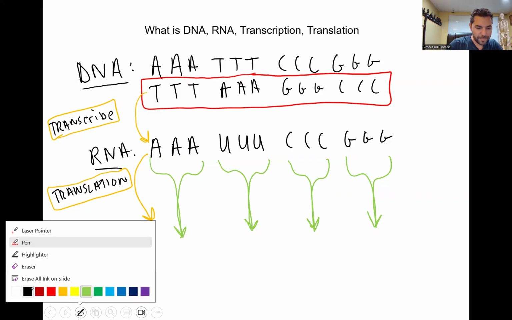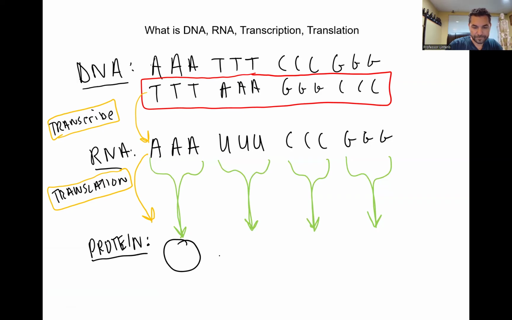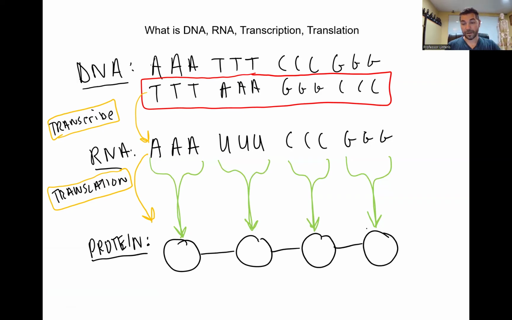So we know that proteins are a chain of amino acids. So AAA codes for some amino acid. UUU codes for a different amino acid. CCC codes for a different one, and GGG codes for another one. So we have our strand of DNA. We transcribe an RNA.